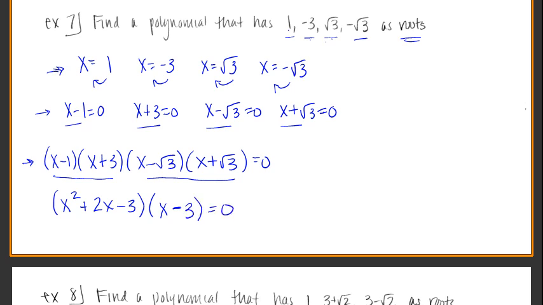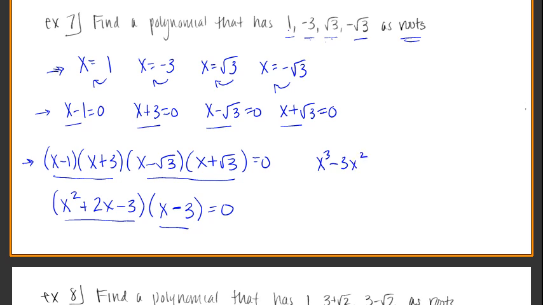So all we have to do is multiply this front one by this back one, and we can call this done. X squared times x is x cubed. X squared times -3 is a negative 3x squared.